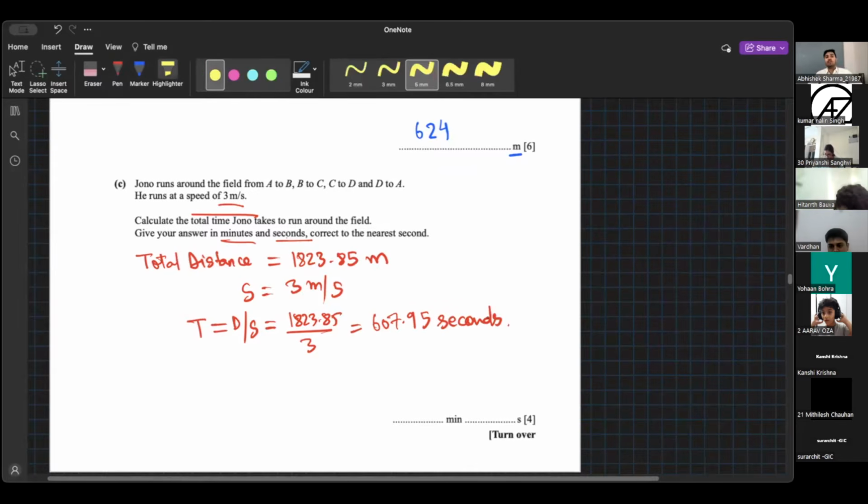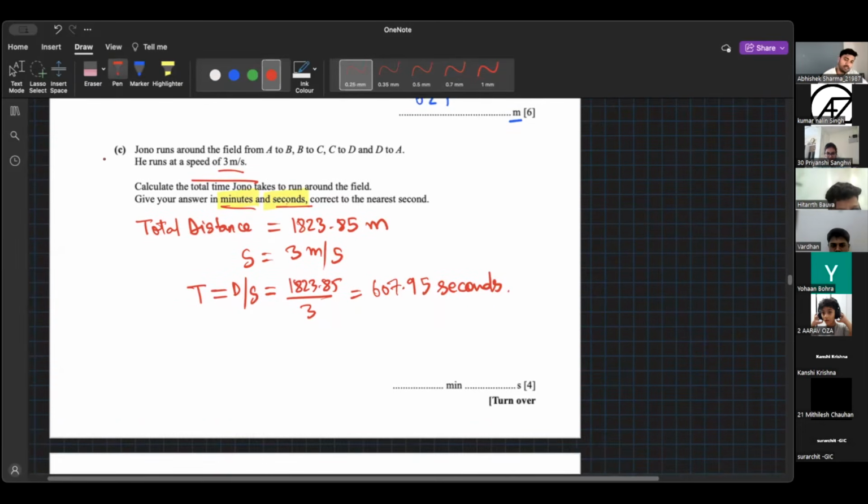But the question clearly says give your answer in minutes and seconds. So it's 10 minutes, 8 seconds. Because you have to do 607.95 divided by 60. When you divide by 60, you will get 10.1325.